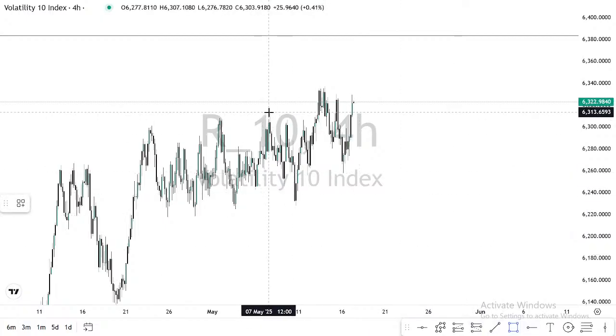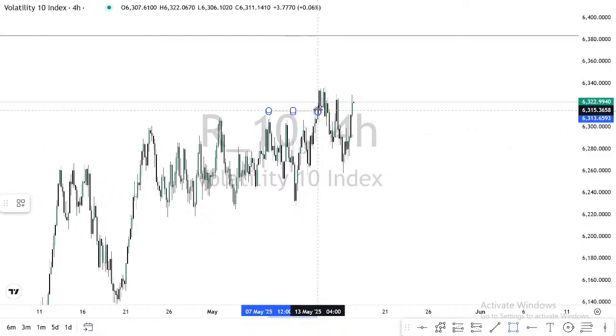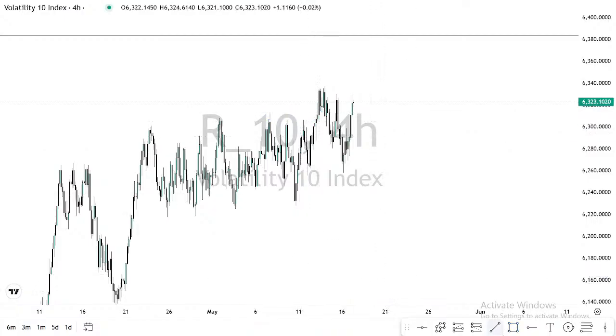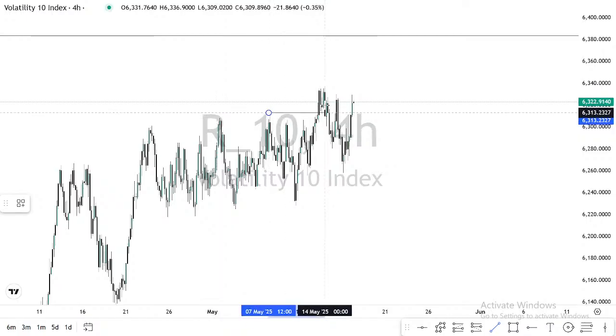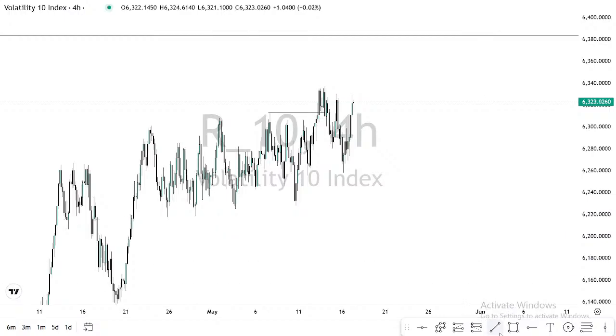This is the last break of structure to the upside. Let's mark this. Last break of structure to the upside. And this low is a strong low.